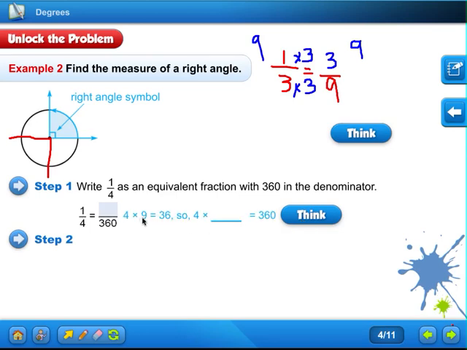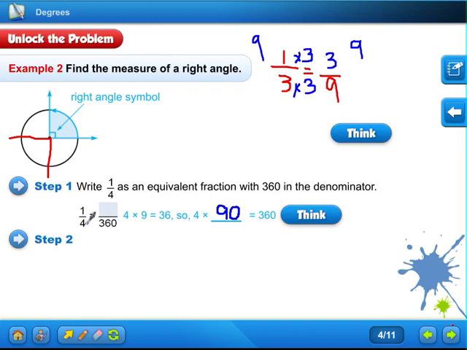4 times 9 equals 36. So 4 times what equals 360? 4 times 9 equals 36. So 4 times 90. All you have to do is put that 0, and you're going to put a 0 over there.